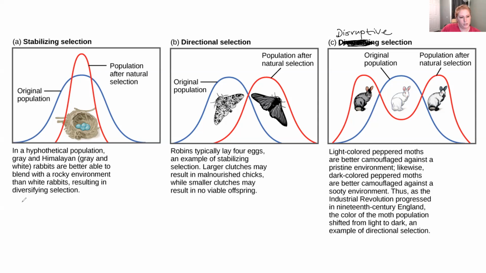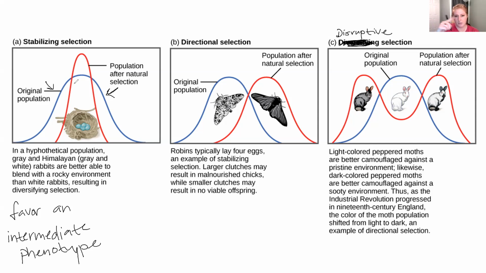That means that it's going to favor an intermediate phenotype. So this would have been one side, this would have been the other side when it comes to phenotypes. Stabilizing selection is going to pick the one right in the middle.